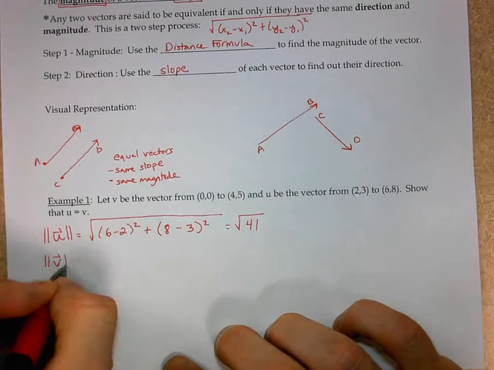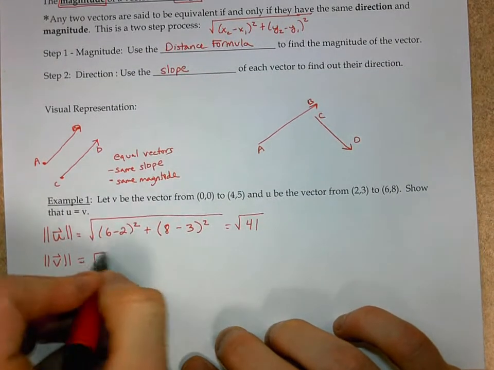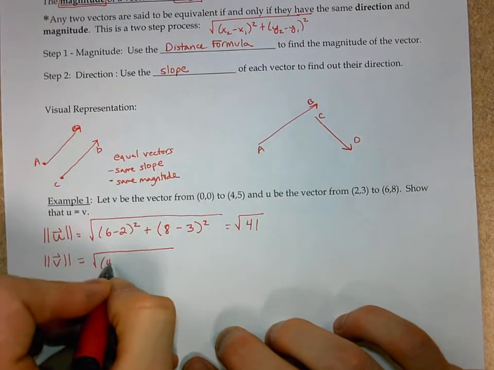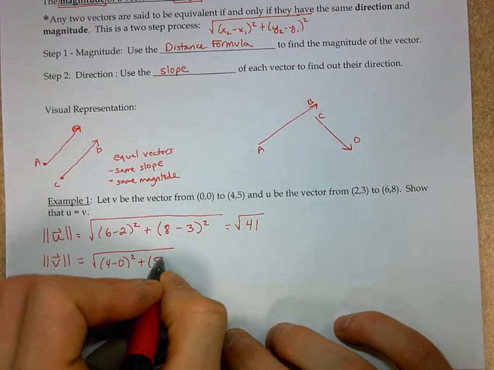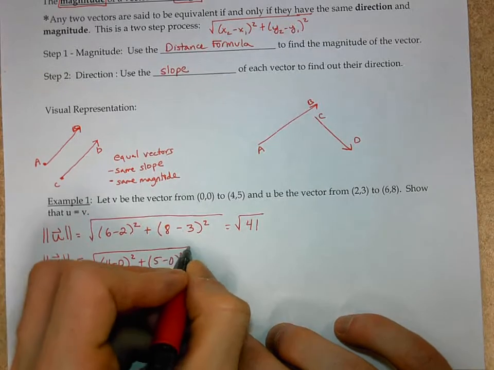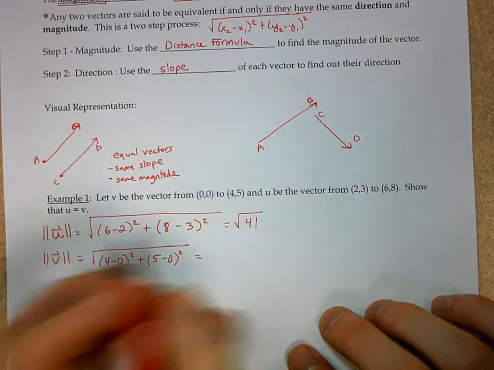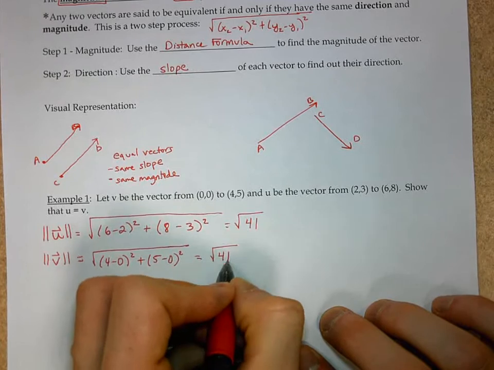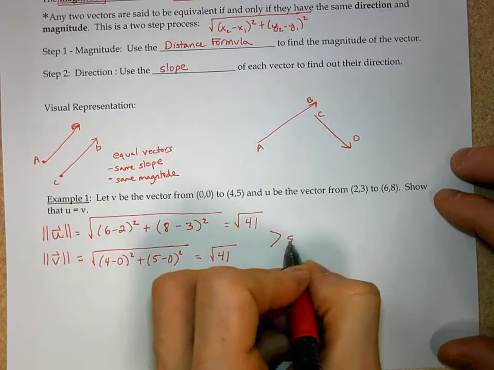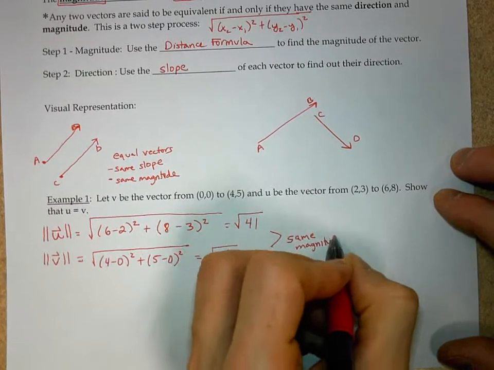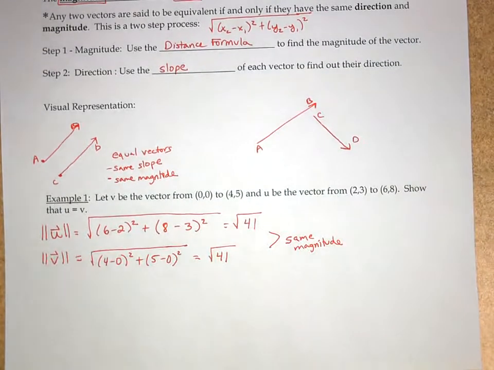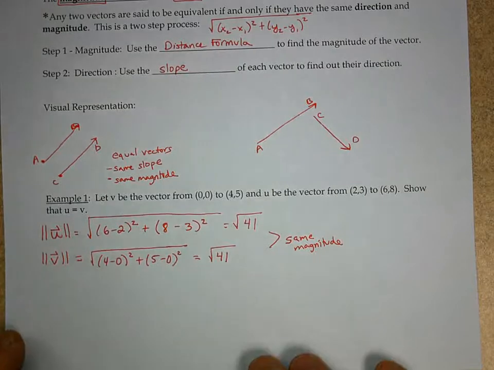Do the same thing with vector V. So 4 minus 0 quantity squared, subtracting my x values, 4 and 0 right there, and then we'll add 5 minus 0 quantity squared, and we'll see 16 plus 25 is the square root of 41. So here we've got the same magnitude. So the first part is good, same magnitude.